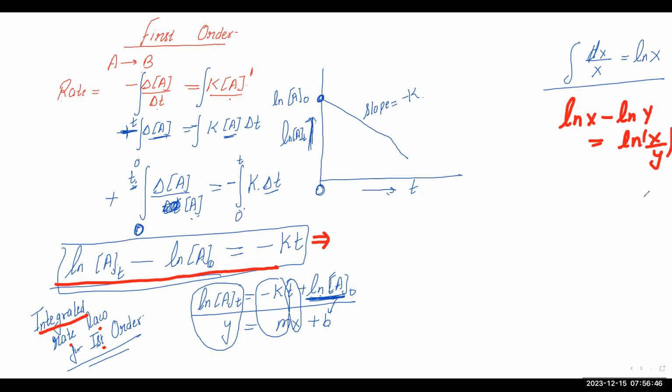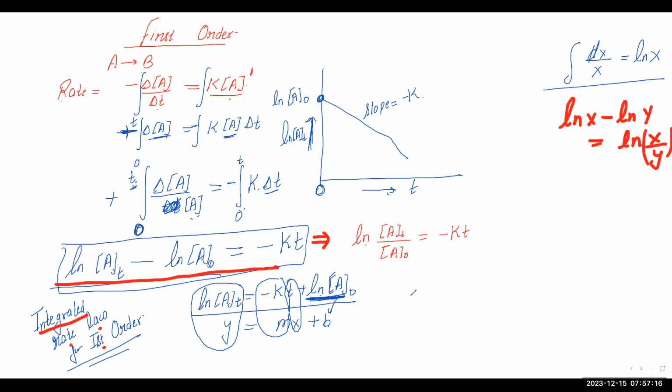So I'm writing it like this. There are different ways which you can use here mathematically. You can say ln At over A naught is minus kt. You can write like this.